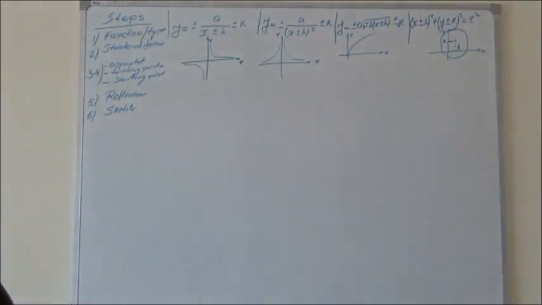Next question, which do you want to pick? Let's say question 5. We will take question 5 because question 4 is just a normal hyperbola. We already did this, but we will do question 5.